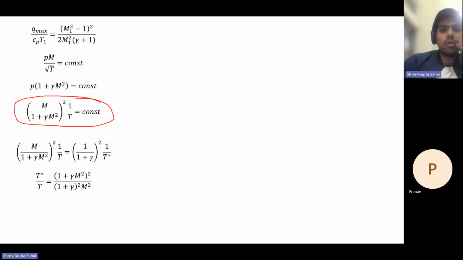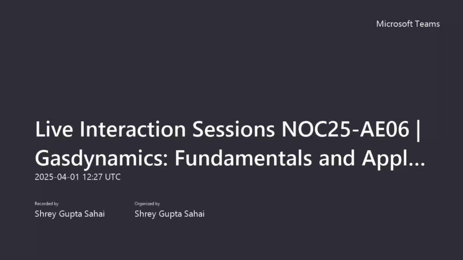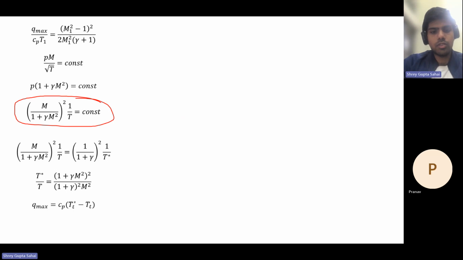But we'll note that heat. So now the heat transfer, if I write Q max, that is Cp times T total at sonic condition minus T total. Just a simple solution. You can take T1 common from this. T1 is the static temperature, so mind that.